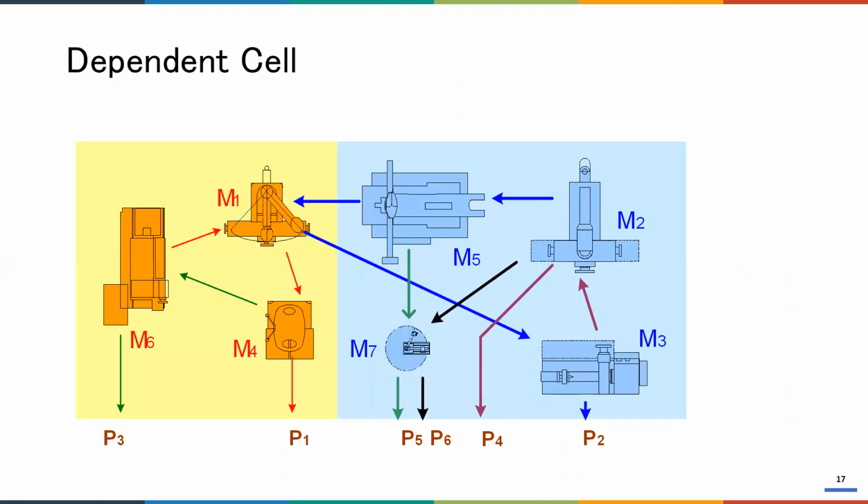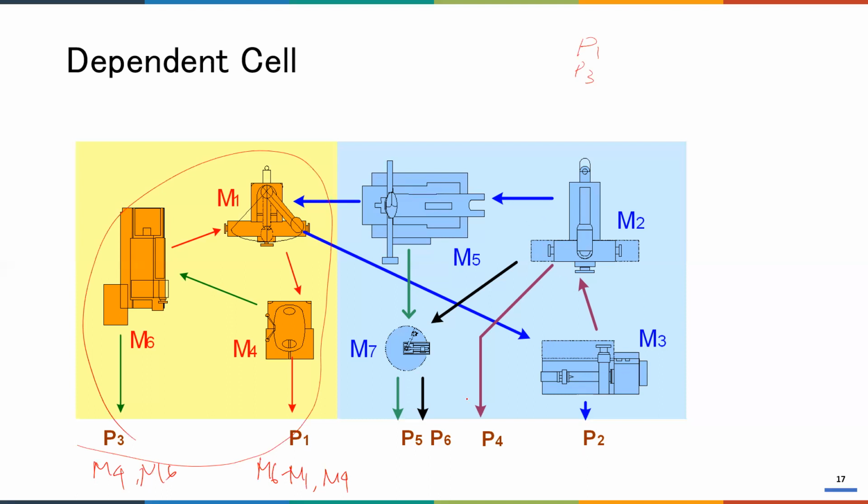For example, this is the current illustration considering our indicator matrix before, where we have part 1 and part 3 in one cell, and they share the same machine. For P1, they go from M6, M1, then M4, while for part 3, they go from M4, then M6.